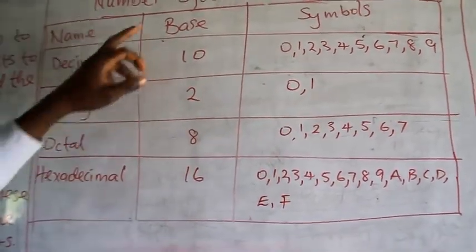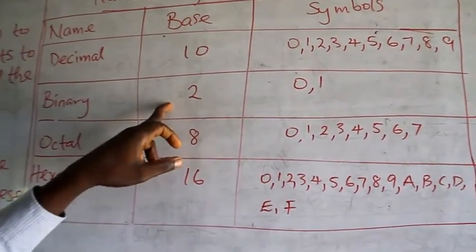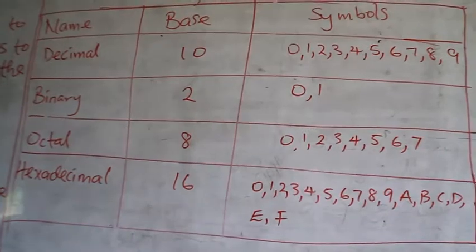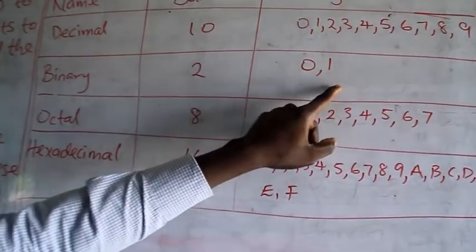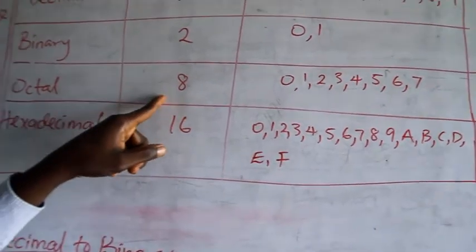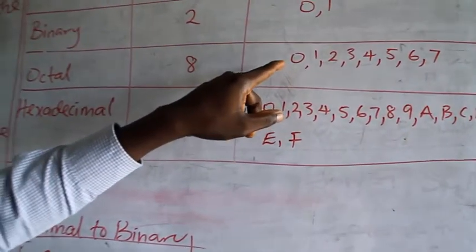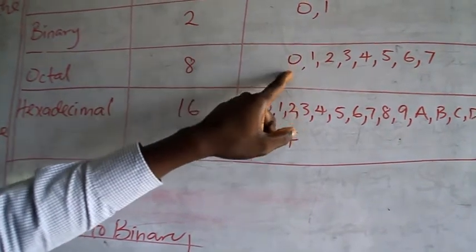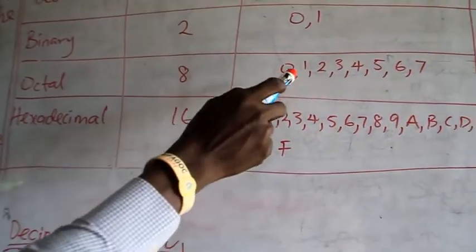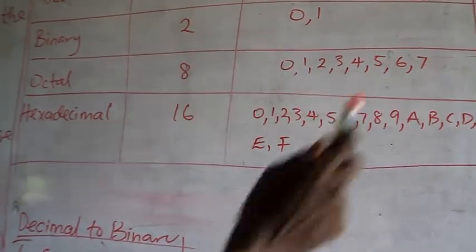Then in base 2, we have binary, which only has 2 digits, which are 0 and 1. Then the octal is in base 8, which has 8 digits, 0 to 7, which are 0, 1, 2, 3, 4, 5, 6, and 7.